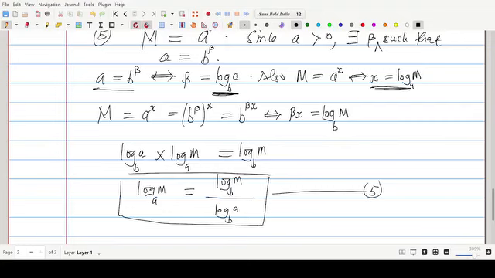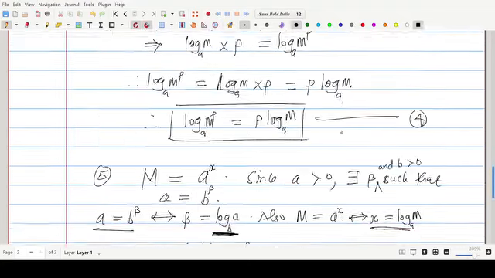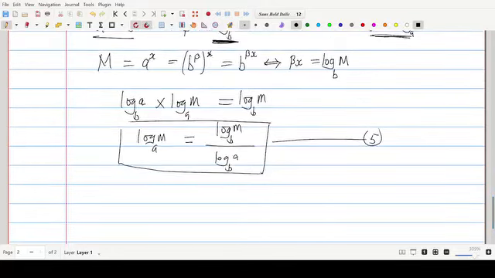In some cases, the bases may not be desirable, so we can always convert the base to a desirable one. Look at the order in which this result is written. Suppose we have log to the base 2 of 3, and base 2 is not amenable to our approach.